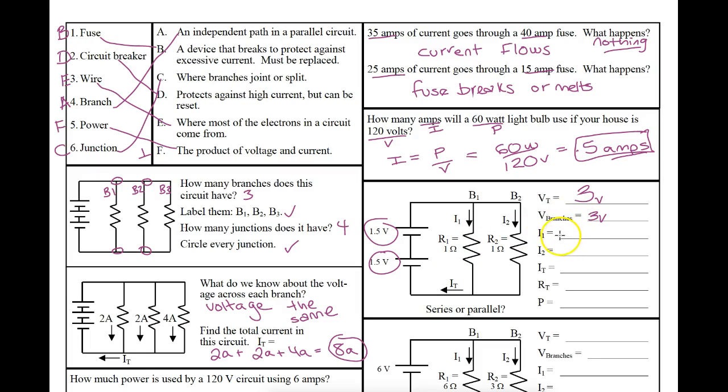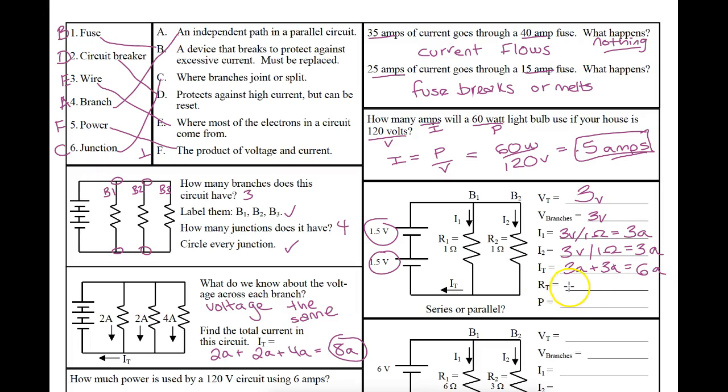So we're going to write I, resistance for branch 1, is 3 over 1 ohm equals 3 amps. And then for 2, it's exactly the same thing. 3 over 1 ohm equals 3 amps. And so the total, all you do is add them up. So the total is 3 amps plus 3 amps equals 6 amps.